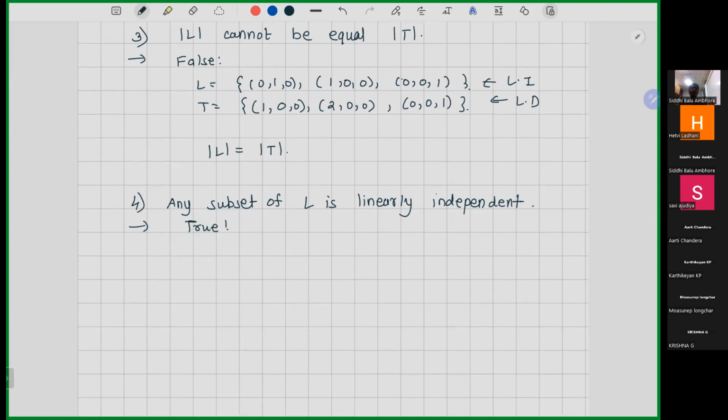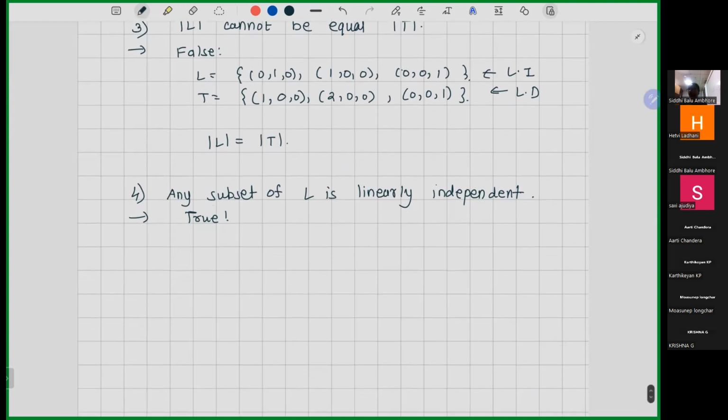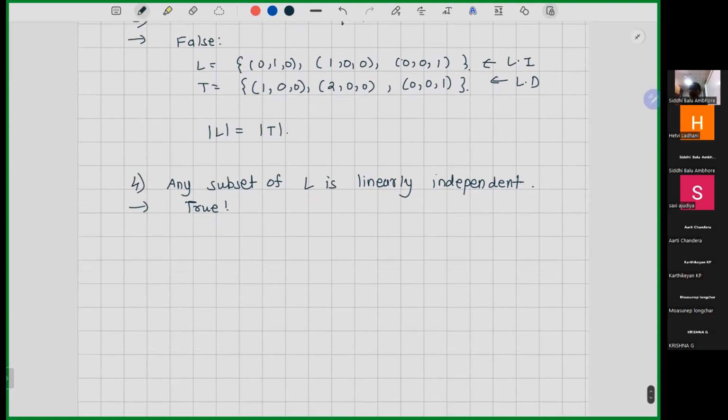And now we need to prove this statement because this is a general statement. A vector space is given to us. L is any linearly independent set, and they are saying that any subset of L is linearly independent. So what can we do here?